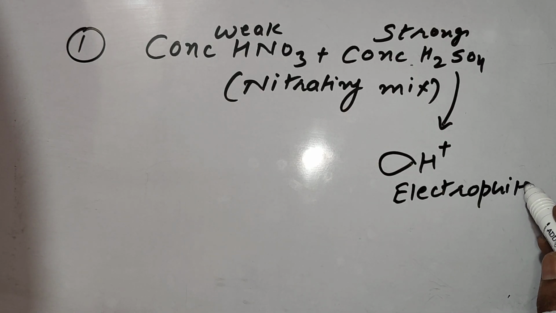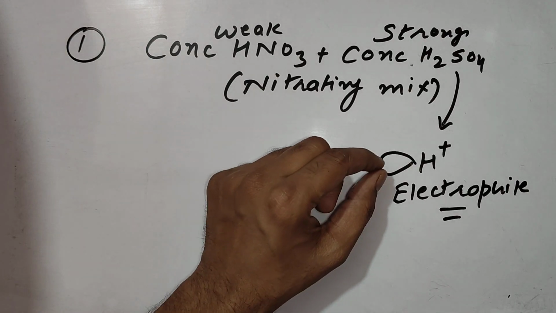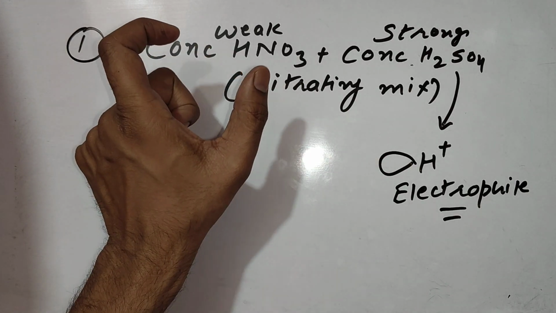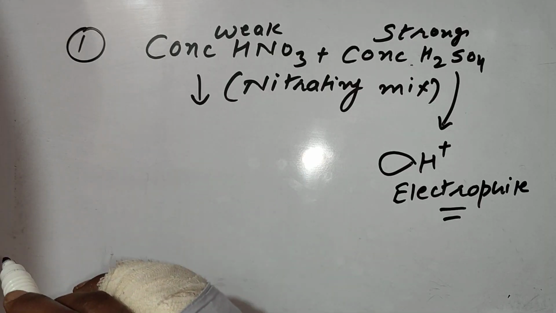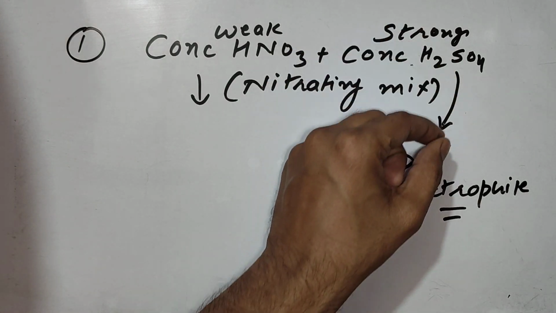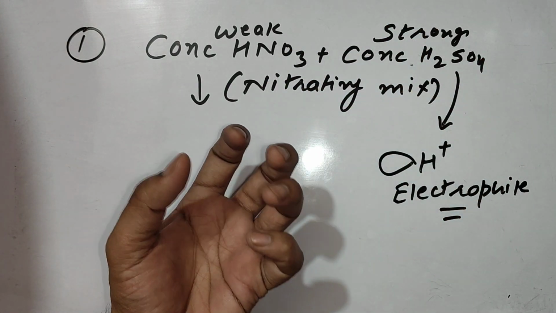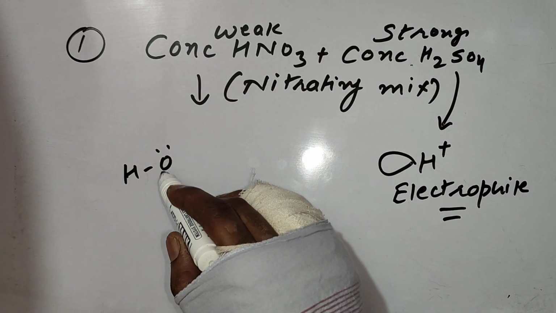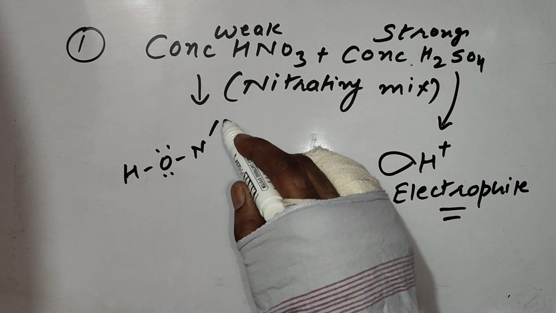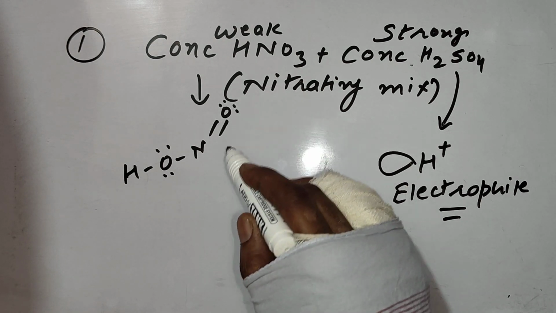They are looking for the electrons. Now who can provide electrons? The weak acid. The weak acid will work as a base here. Strong acid will provide H positive, weak acid will accept it. This is nitric acid bonding.